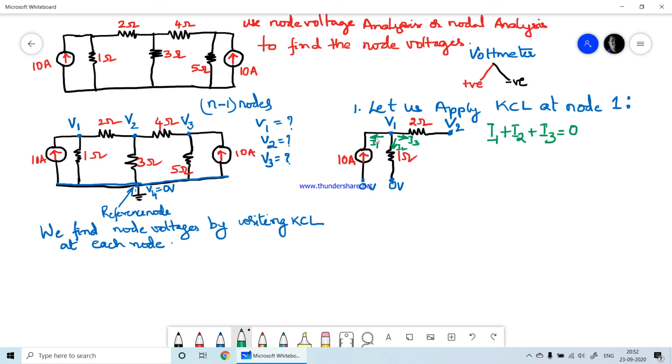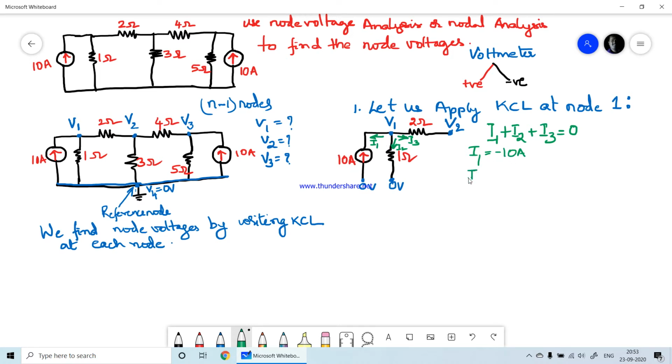But I1 is flowing opposite to the 10 amps. The direction of the 10 amps and I1 are opposite, but I1 remains 10 amps. Therefore I1 will be equal to negative 10 amps, because the 10 amps is flowing towards the node while I1 is leaving the node. So the currents are the same, but the polarity gets changed.